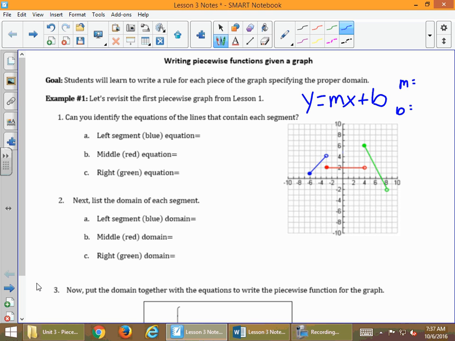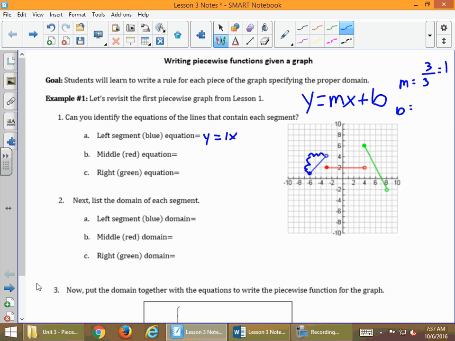You just count up and over. How far do we go up? 3. So 3 over 3. We go 1, 2, 3. Well, what is 3 over 3? 1. So we know for this blue equation, we have 1x.